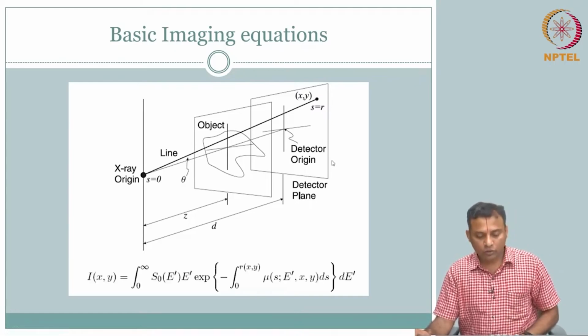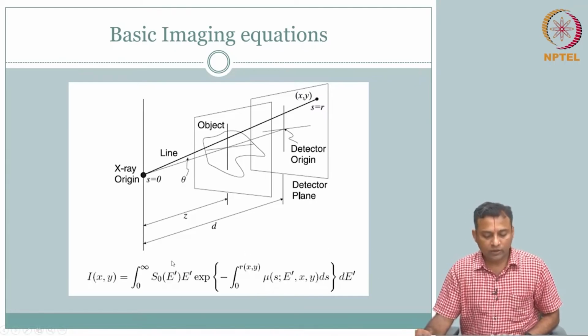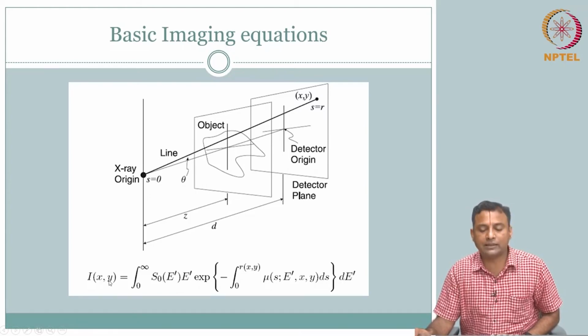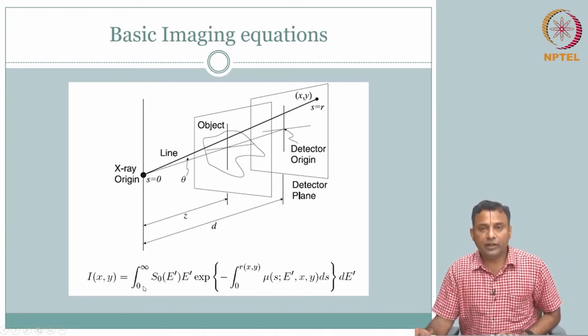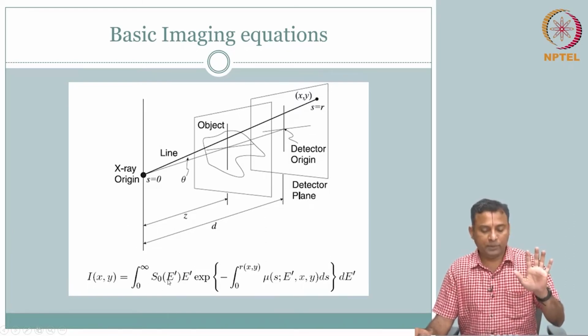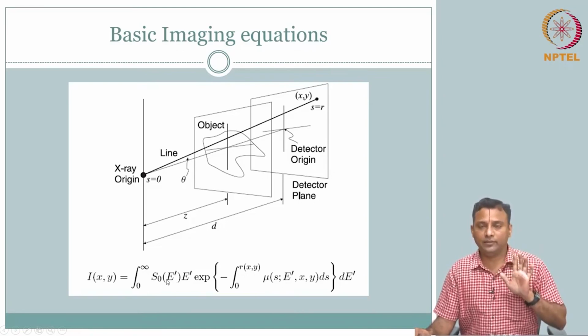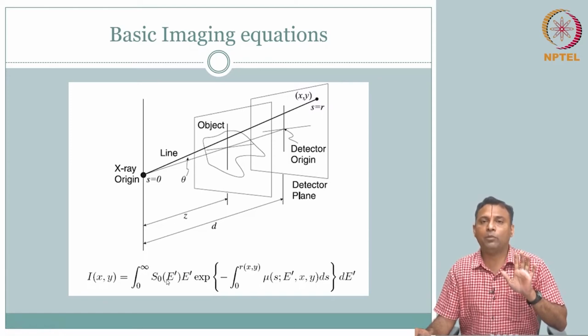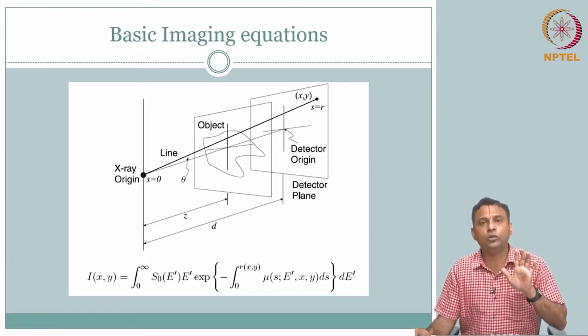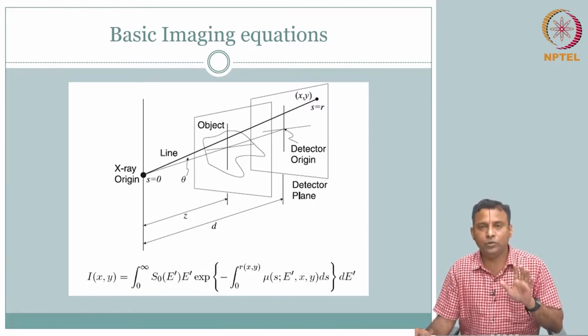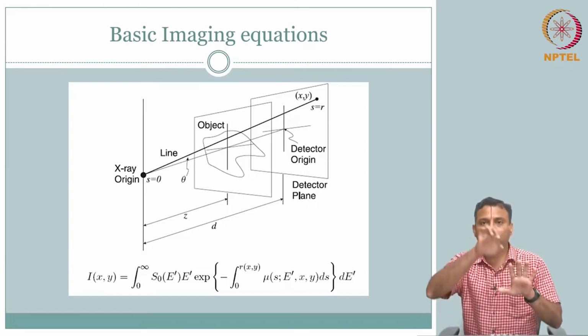In order to do that, just recall something we knew from before: your intensity at any point x comma y. We talked about this. It is the spectrum of energy that goes in, so n1 number of photons at energy level E1, n2 number of photons at energy level E2, and so on and so forth. You have a spectrum.